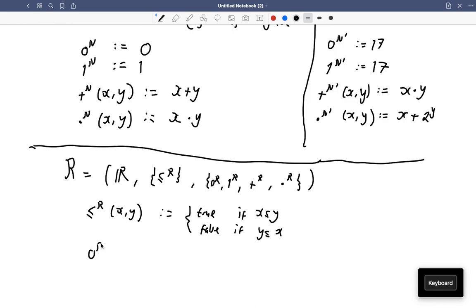So let's give it, as I said, the natural interpretation. The constant 0 in the structure R is going to be interpreted as the real number 0, and so on, etc.